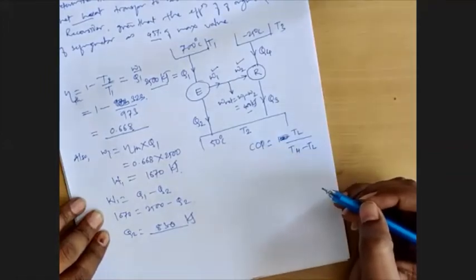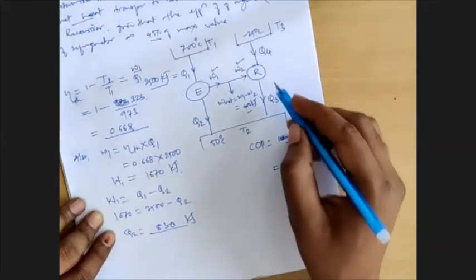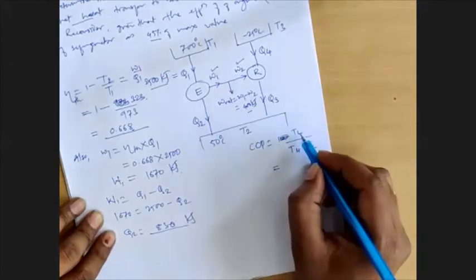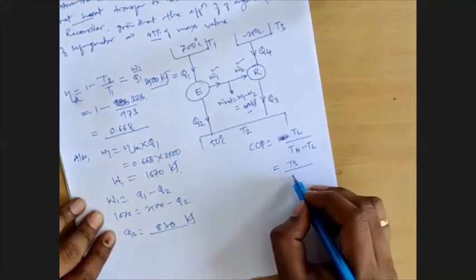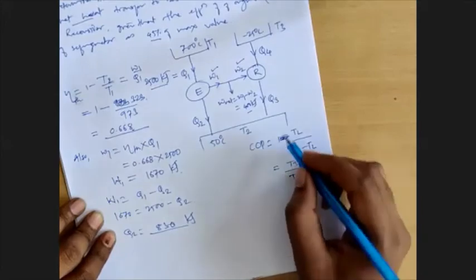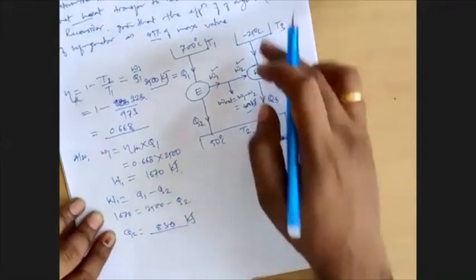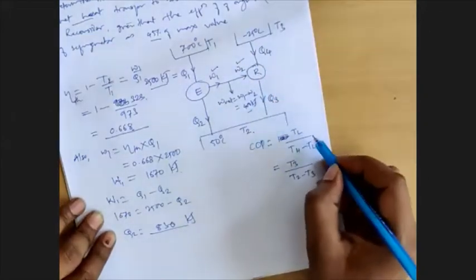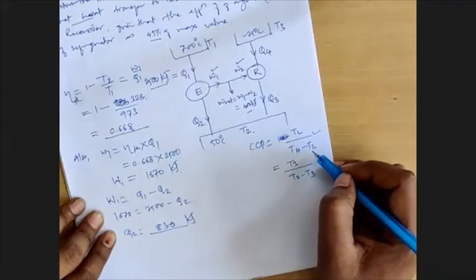Is that fine, Pradeep? Yes, sir. Okay. So now for this refrigerator, COP is T3 divided by T2 minus T3, because T higher is T2. As notations have changed, I wrote this additional relation, T lower by T higher minus T lower.